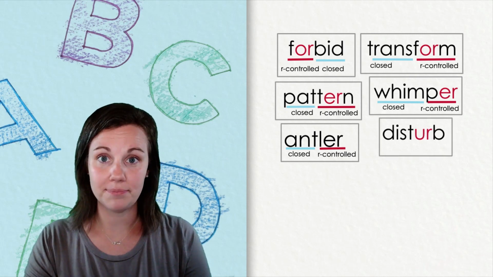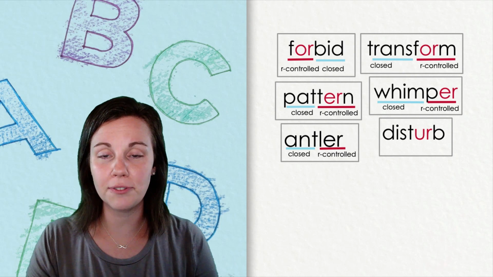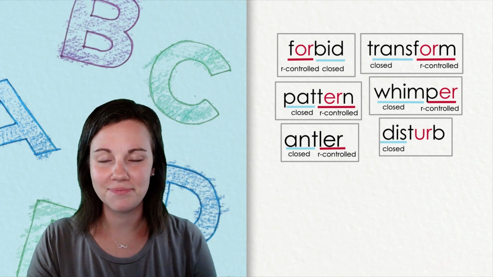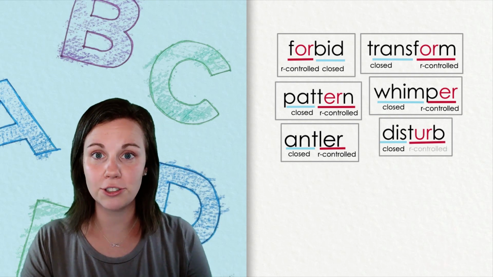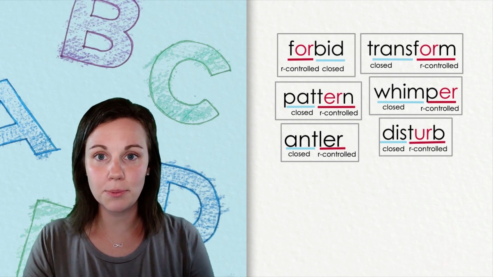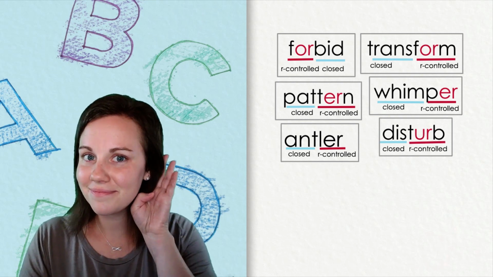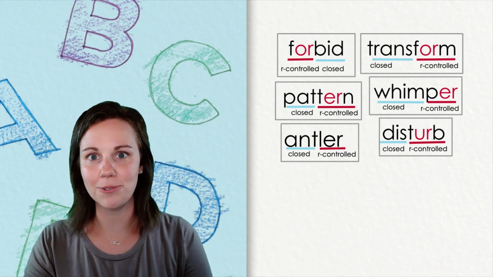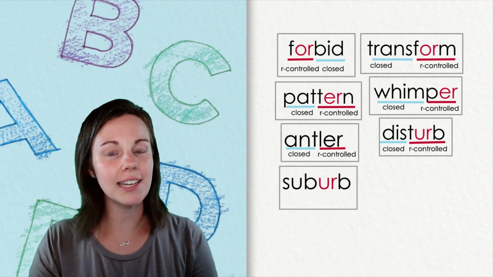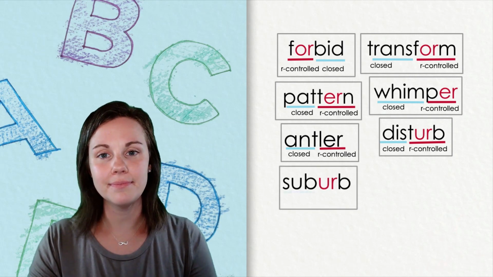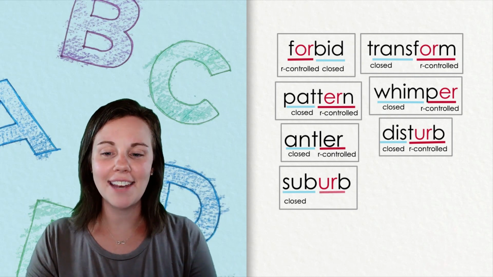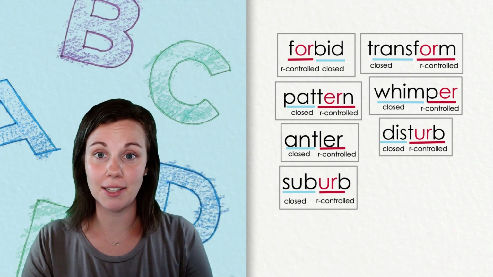Here's the next one. Go ahead and look for the syllables. Closed and R-controlled. What's this word? Disturb. Wow. Try another one. Here's our first closed syllable and our second R-controlled syllable.